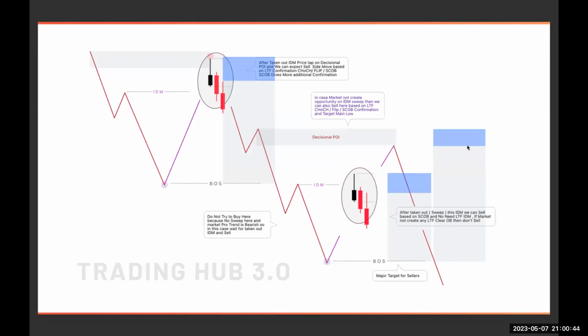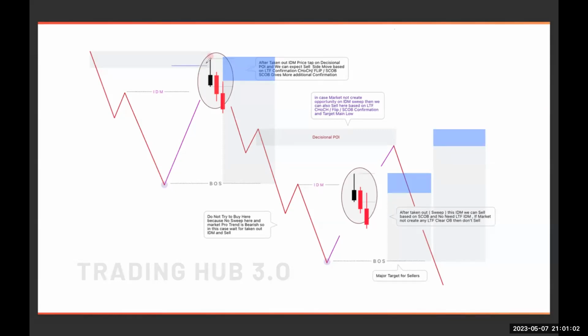In this diagram, you can see everything is bearish, but the situation is a little bit different in this case. You can see the past diagram was also bearish, but here the situation is a little bit different.